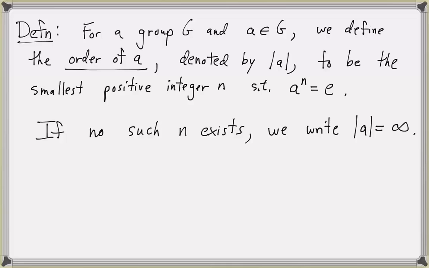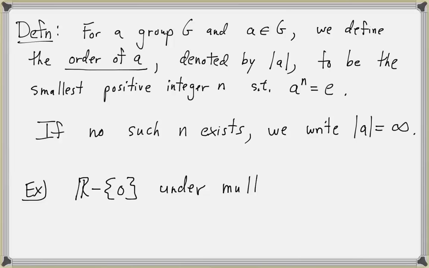Let's look at a quick example. Consider the group of non-zero real numbers under multiplication. The identity element is 1, and we see that the order of the identity element is always going to be 1.